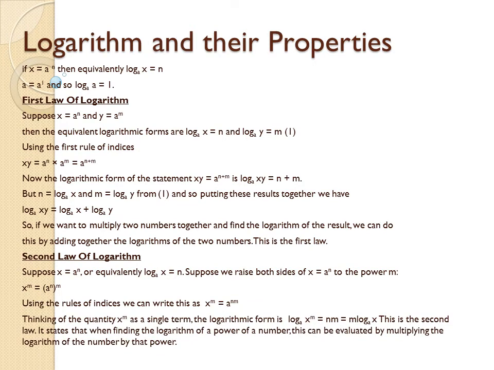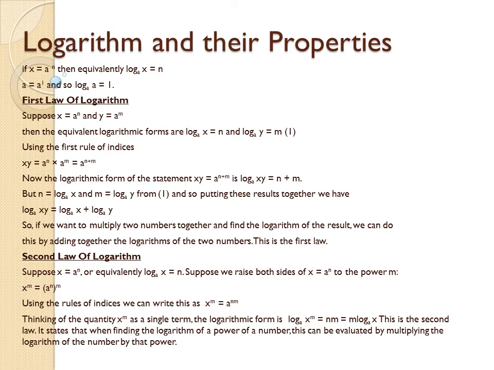Thinking of the quantity x to the power m as a single term, the logarithm form is log to the base a of x to the power m equals nm. This comes from this expression, where n equals log x to the base a. So m log x, this is the second law.